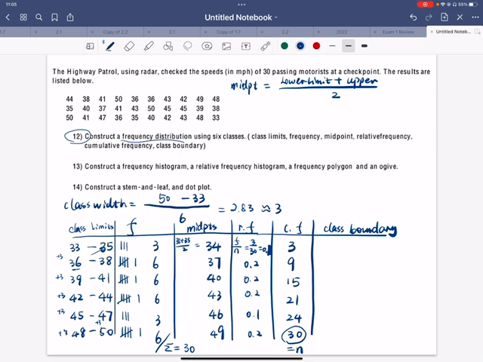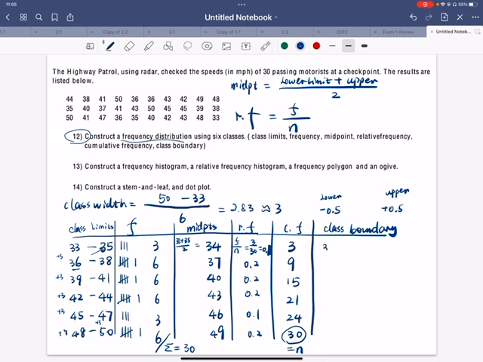Lastly, for boundaries, we take away 0.5 from the lower limit and add 0.5 to the upper limit to stretch it to a wider interval.